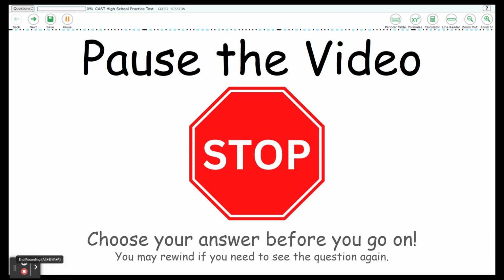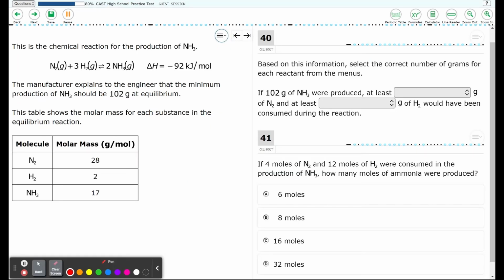All right, so here we're going to have to do a little bit of stoichiometry. First of all, we've got 102 grams of NH3. And we know that there are 17 grams of NH3 in 1 mole from the molar mass.